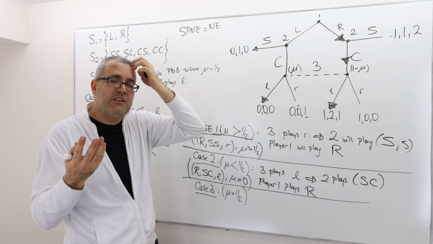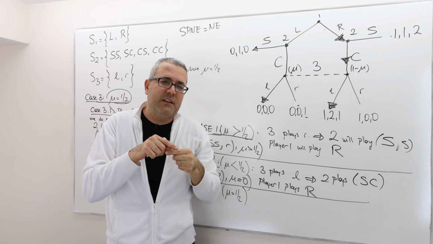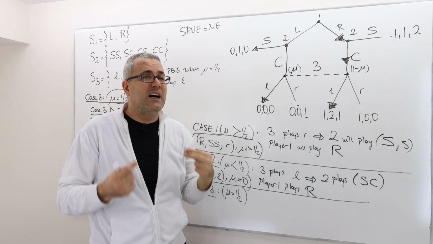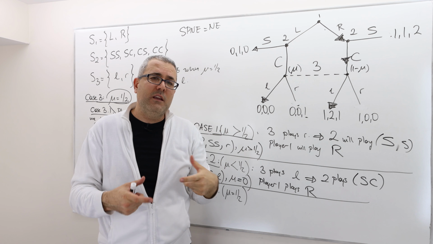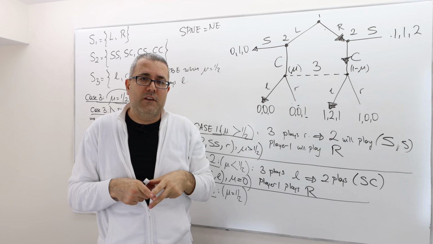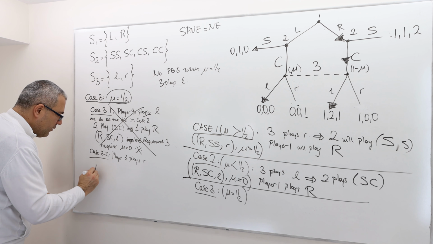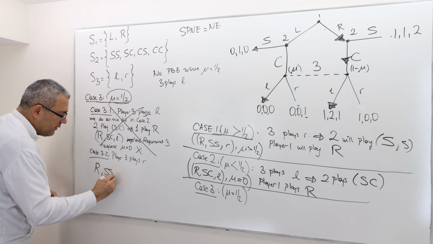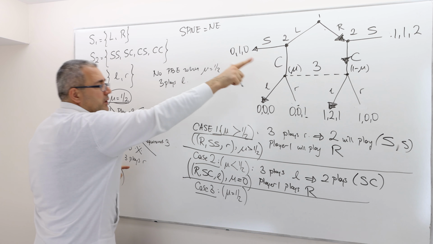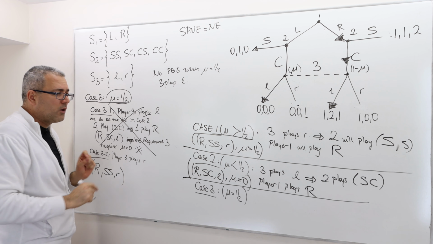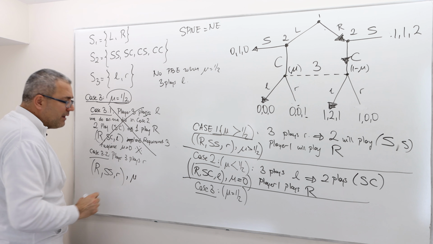Again, the second player's optimal strategy depends on what player 3 does, doesn't depend on mu, and the optimal strategy for player 1 depends on what 2 and 3 do. So these strategies are what you will get here as well. R is what player 1 will play, SS what player 2 will play, and small r what player 3 will play. And remember, mu can be anything.